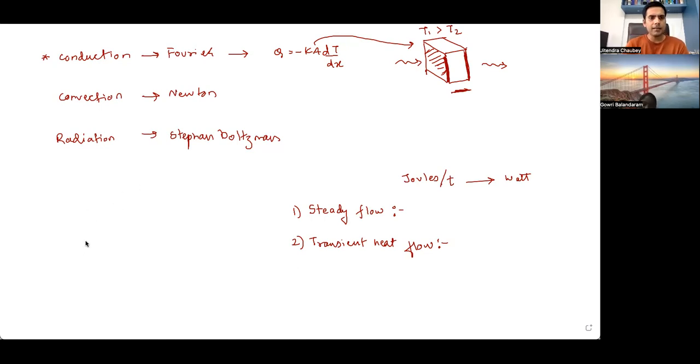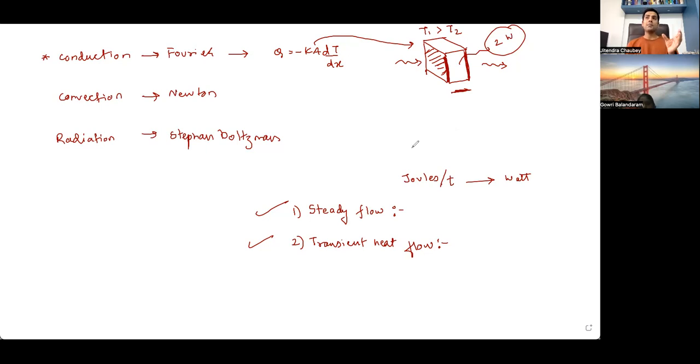So we were at the flow. I hope you understood the types of flow: steady flow and transient flow. A flow is steady when things don't change with time, when heat transfer doesn't change with time. Like a body rejecting 2 watts of heat every instant. Such an example would be steady flow.